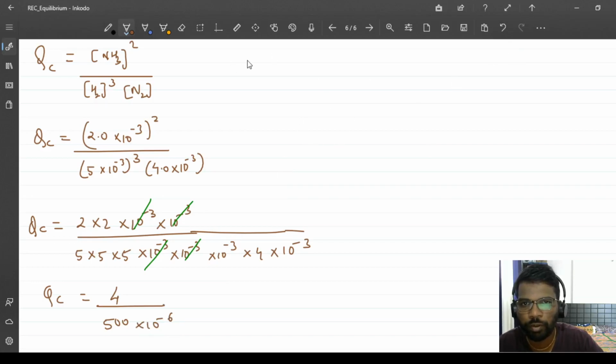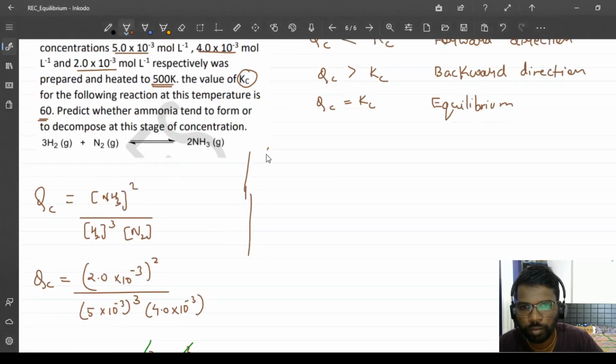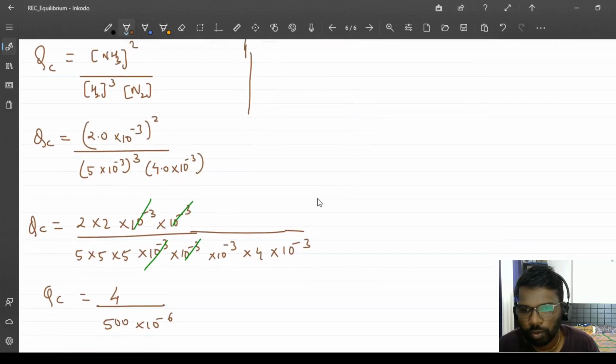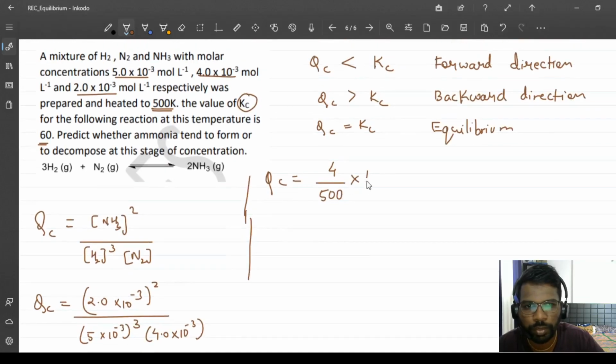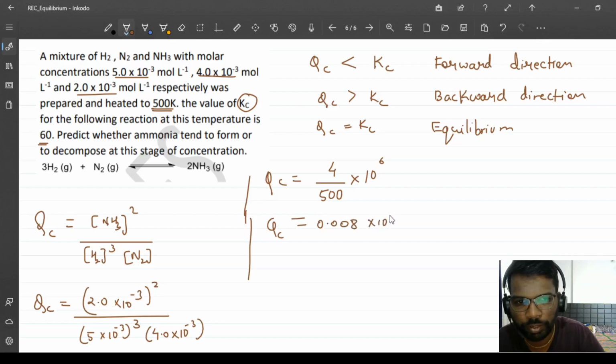Therefore QC is equal to 4 upon 500 into 10 raised to minus 6. I am taking 10 raised to 6 in the numerator. So this is 0.08 into 10 raised to 6.